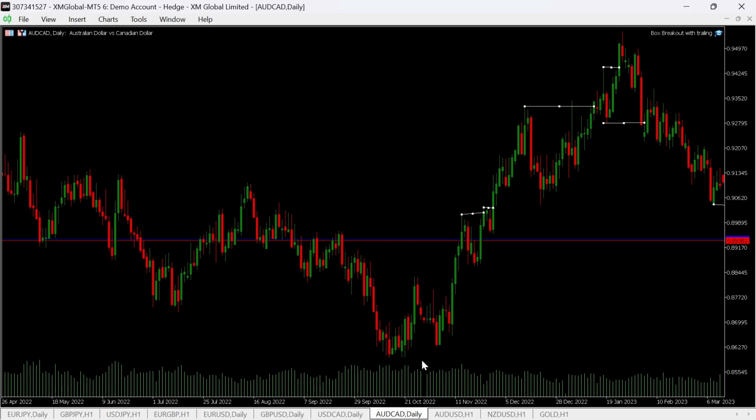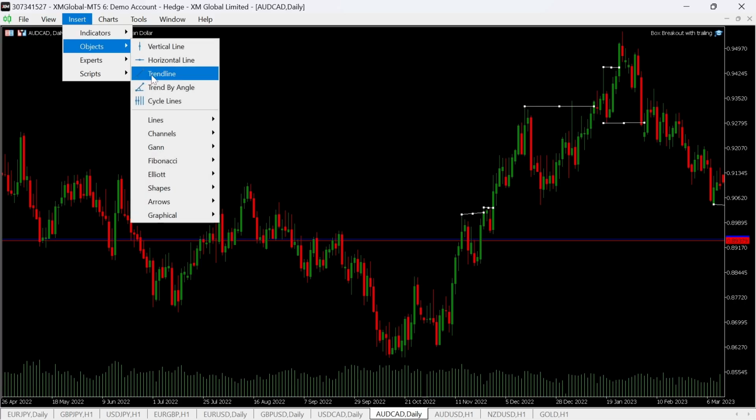we can mark it. Should it be right over here, or should it be right over here? This is the valid high, so I think it has to be here.